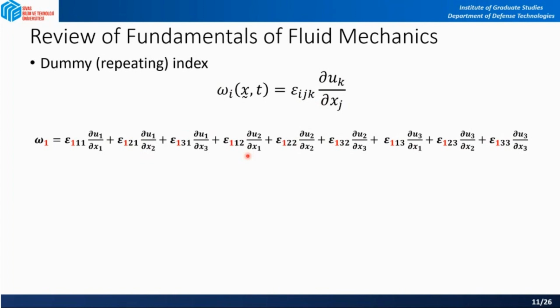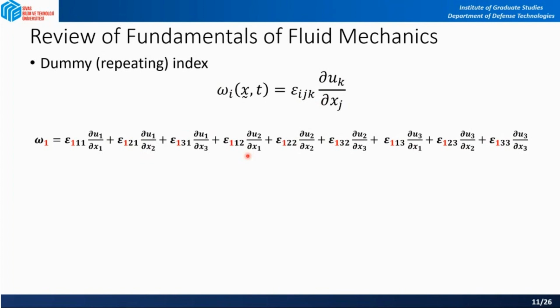So let's continue. We just talked about the scalar fields and then the vector fields, and now we have the third type of field, which is a tensor field. The example for a tensor field is a stress field.